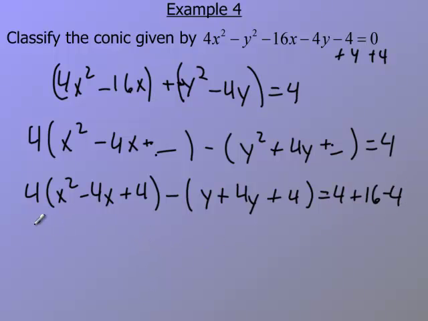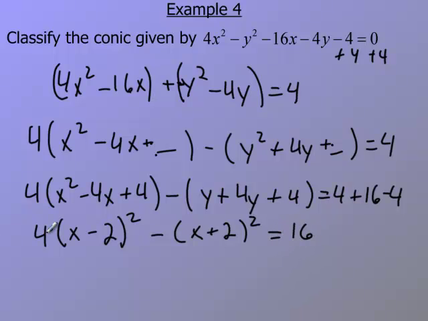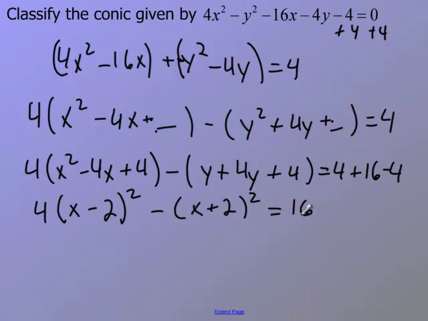Okay, so when I simplify this, the right side is going to be 16. Now this is just going to simplify to x minus 2 squared, and this is the square of a positive binomial, so y plus 2 squared, equals 16. Now the last thing I need to do is set it equal to 1.